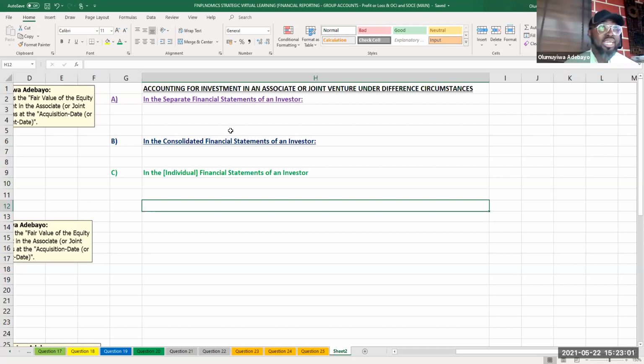It doesn't have a subsidiary, talk less of consolidation, which means a company that has no subsidiary that will require consolidation as its own financial statement, described in this slide to be individual financial statement, or simply put, financial statements.